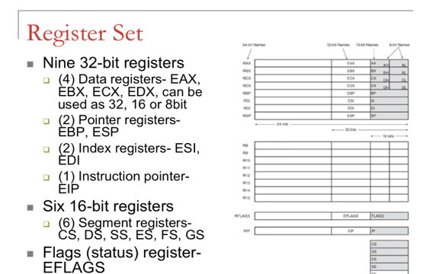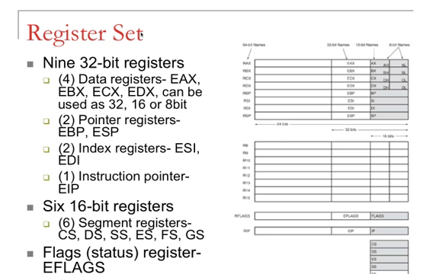And we can do the same thing for EBX, ECX, and EDX. Those 4 data registers can be used in the same way. In this particular diagram, we have this RAX, and this is for the 64-bit machines.